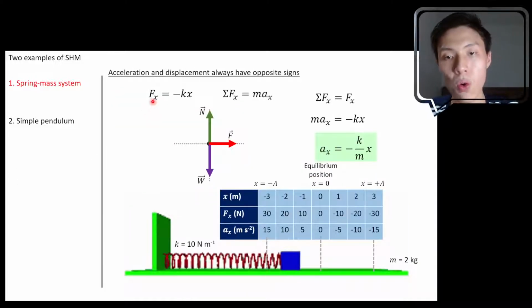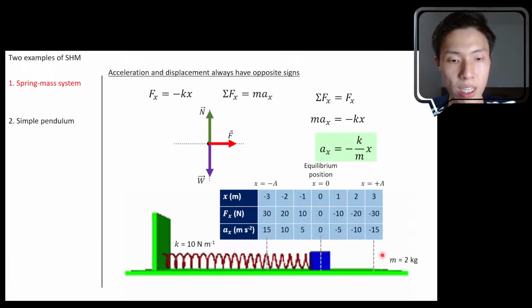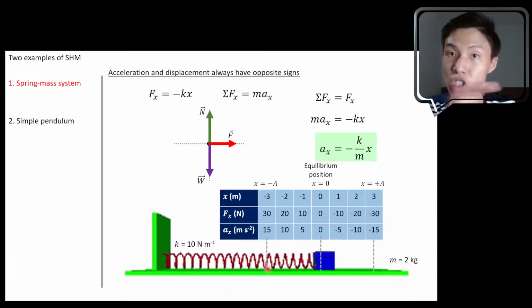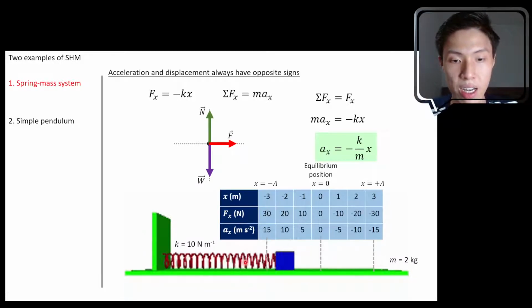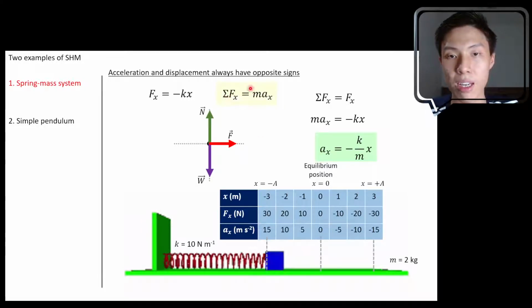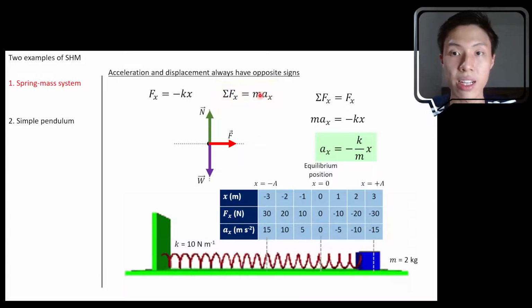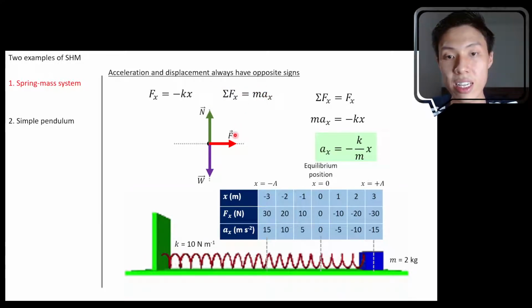How do we get this equation? We first determine the dimension in which the oscillation is happening. In this case, the object is oscillating horizontally, so we pick the x dimension to analyze. Then we see what forces are acting in this x dimension.